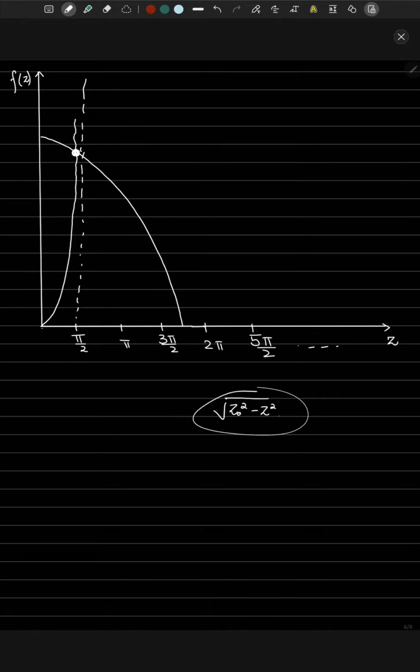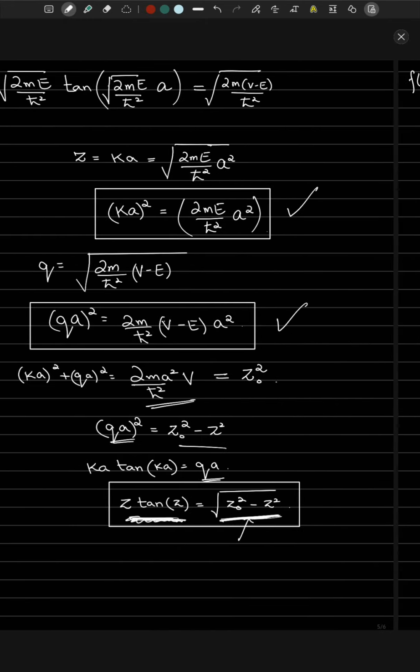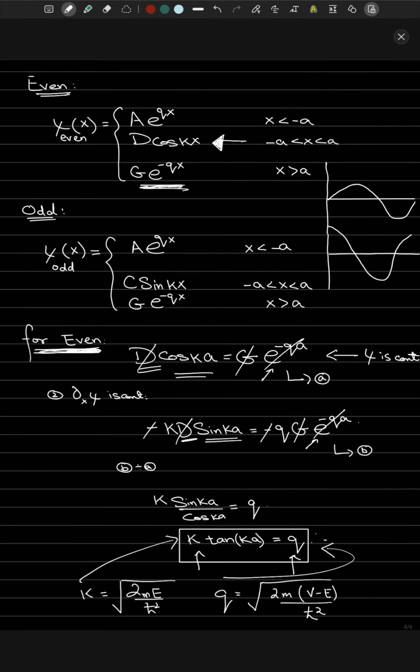Now, to draw the next curve, I should mention that everything that we did from this point onwards was for even psi of x. You could do the exact same thing by taking the odd function for psi of x, because these are the same in both.